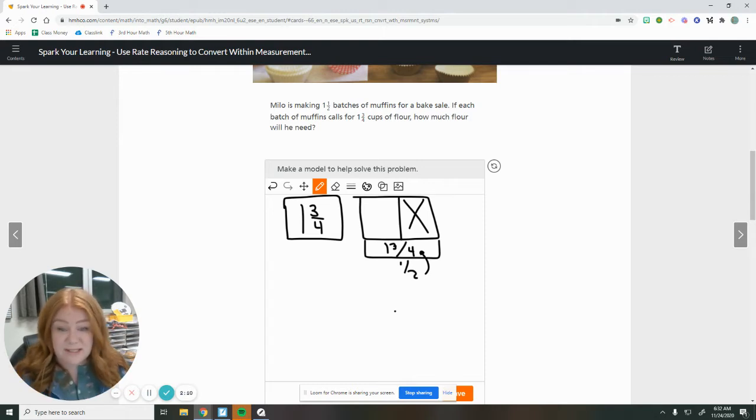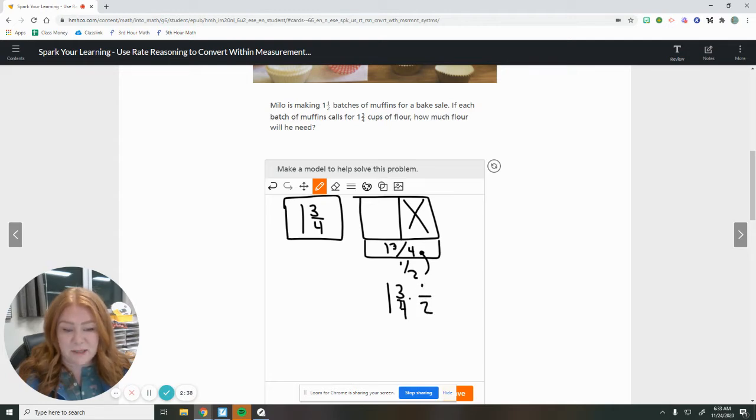So there are lots of ways I can do this. I could divide this by 2, but I also heard myself saying I want half of this number. And when you want something of another number, that means you're going to multiply. So I'm going to take 1 3/4 and I am going to multiply that by 1/2.